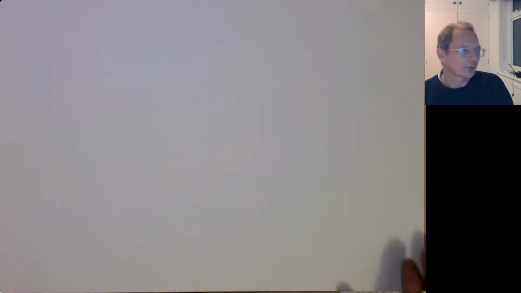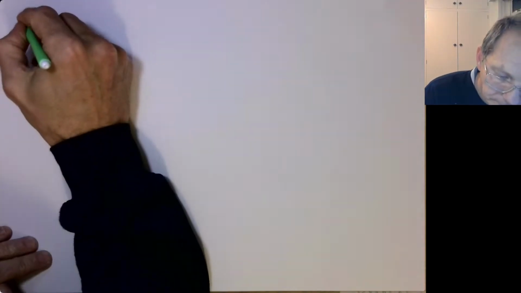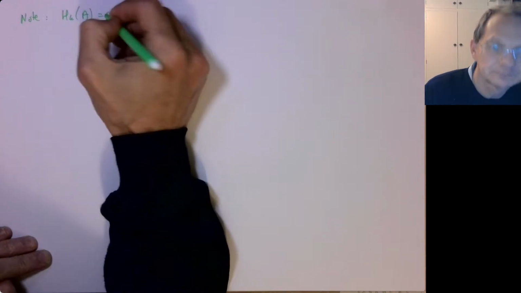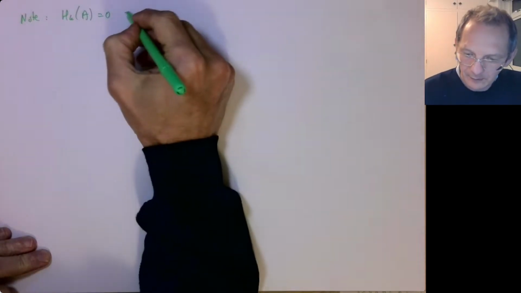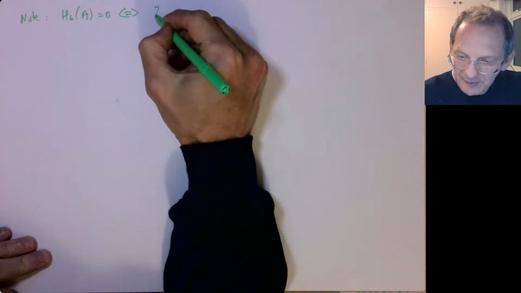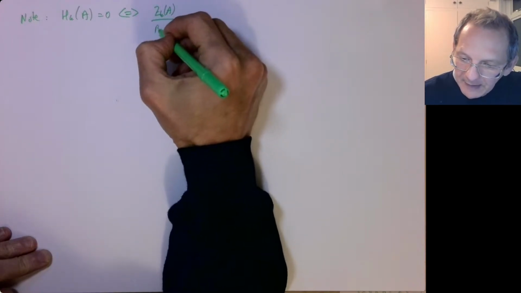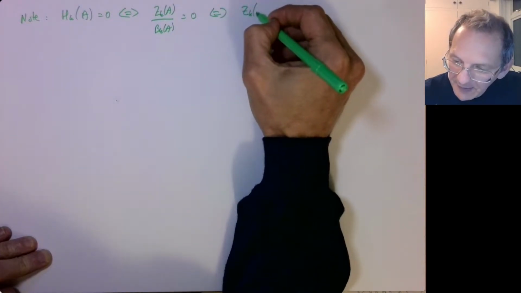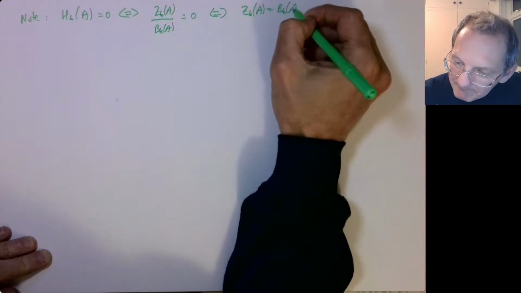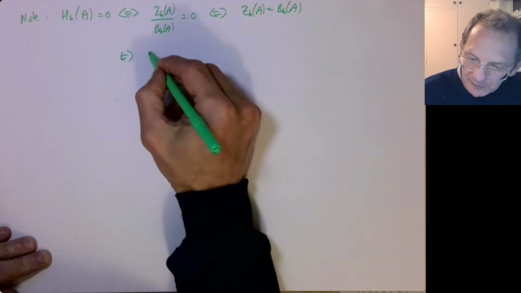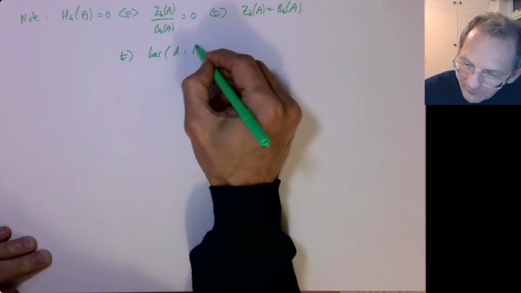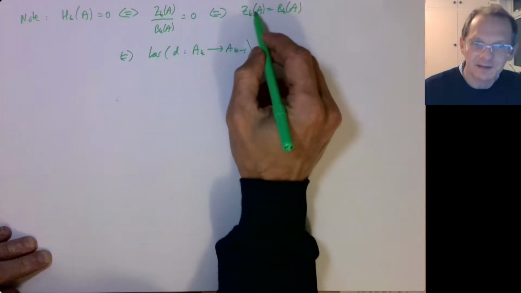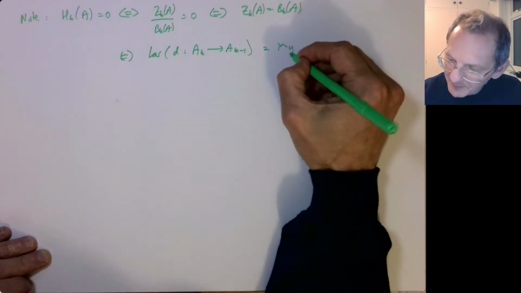So one point to note here: what does it mean to say the homology is 0? That's equivalent to saying Z_k(A) mod B_k(A) is 0, which is equivalent to saying that Z_k(A) is the same as B_k(A). This kernel here, Z_k(A), was defined to be this kernel, and that's got to be the same as the image.